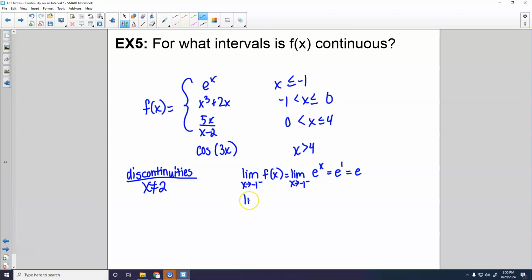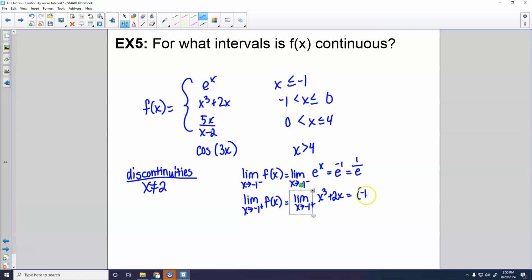I would also need to do the limit as x approaches -1 from the right of f of x. Oh, I'm sorry, it is -1, and that would be 1 over e. Thank you. Here we do the limit as x approaches -1 from the right of x to the third plus 2x.